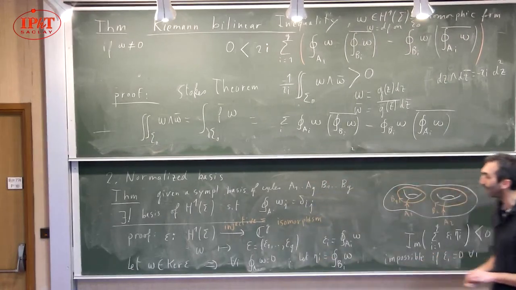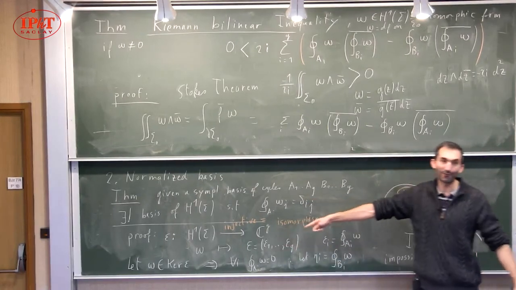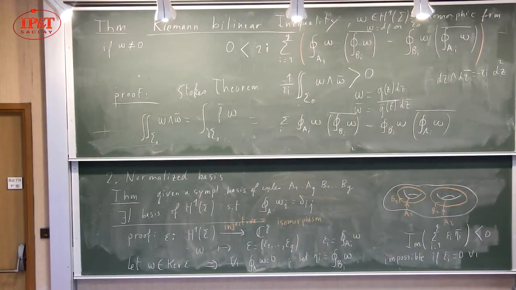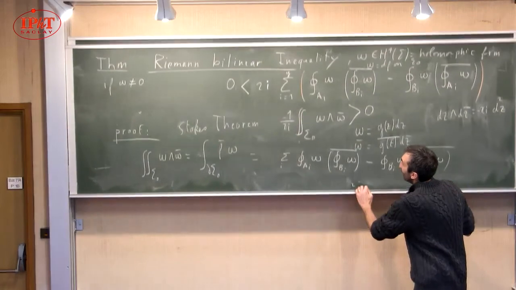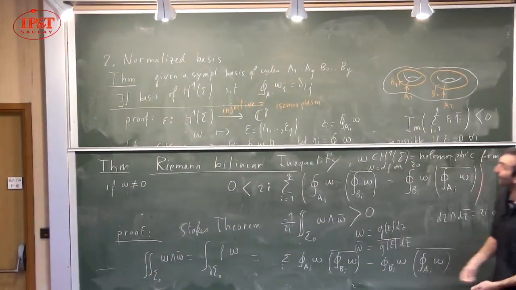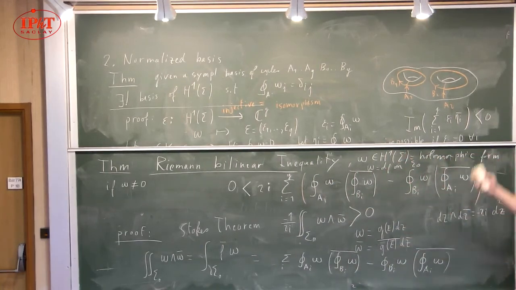Which means it's possible to find the inverse of delta_ij. So there does exist a symplectic basis, and you see it's quite subtle. The reason why it exists is because of this positivity of a two-dimensional real integral, and it's based on Stokes theorem and all that, so it was not so straightforward.